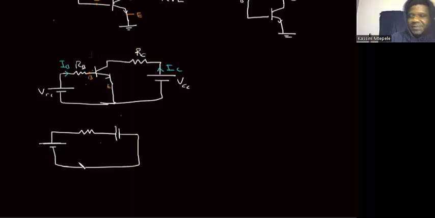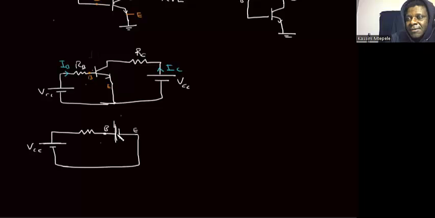So how I did it, we have VCC here. And as we can see, this point here is B and here is E. So where does this 0.7 volts come from?